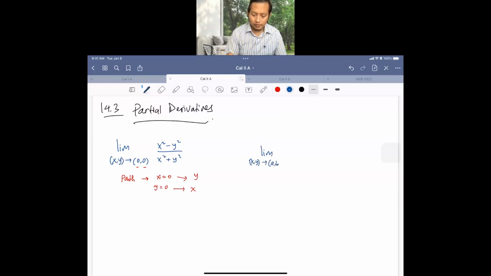Let's say this is f(x, y). Then we can let only x vary when y is equal to b, right?